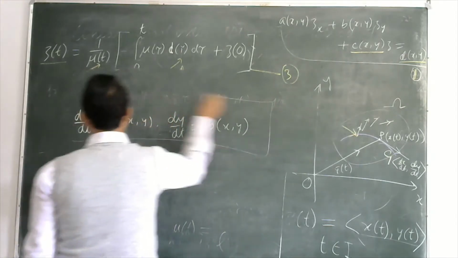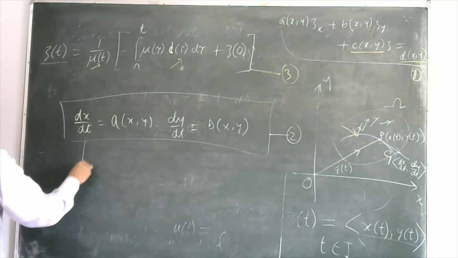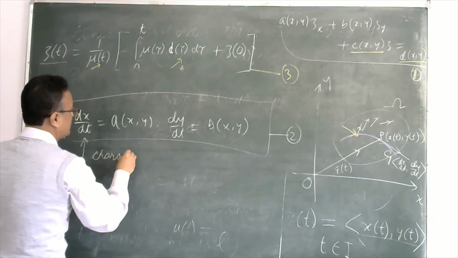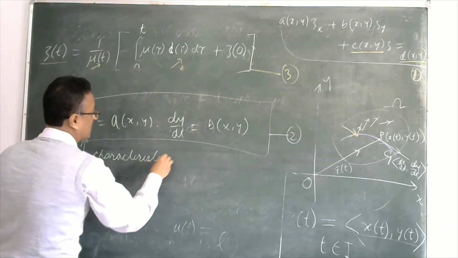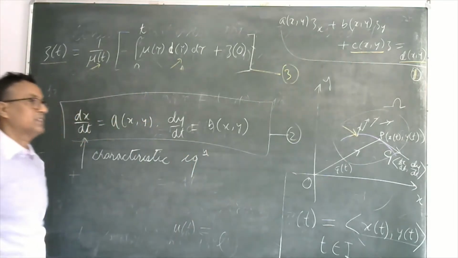So this set of equations, which I think I called 2, they are called the characteristic equations.